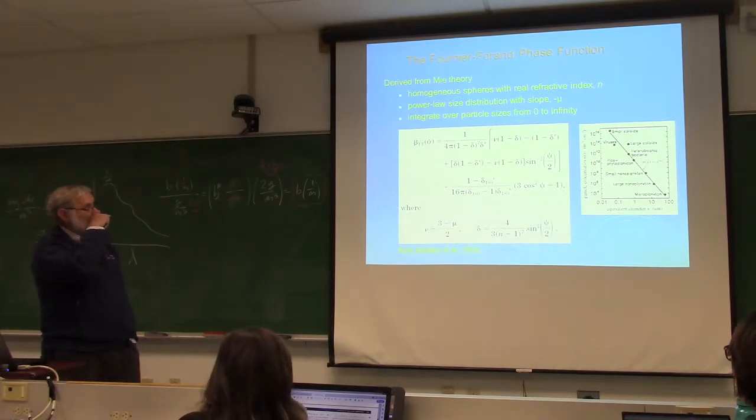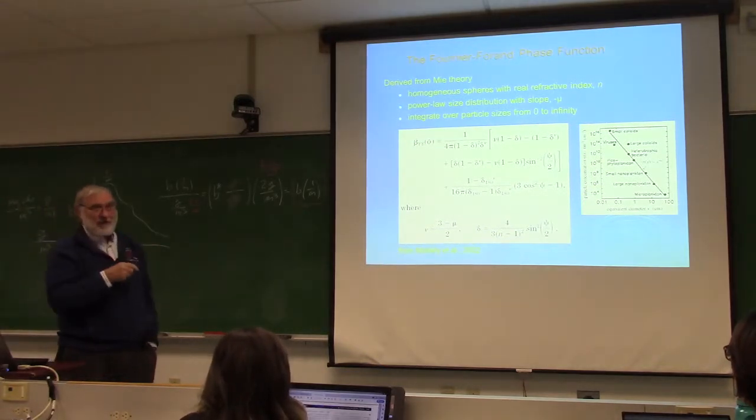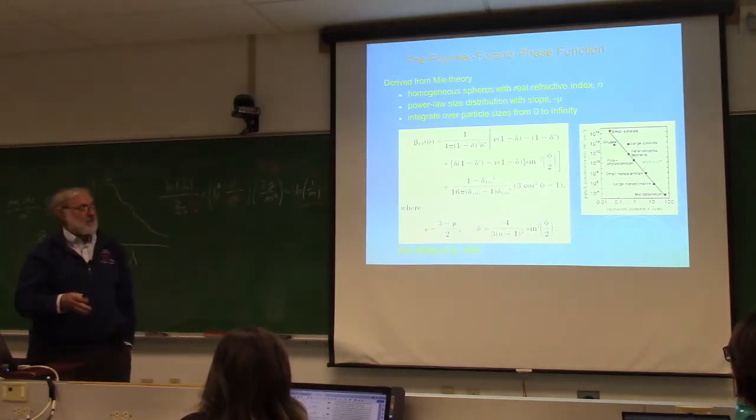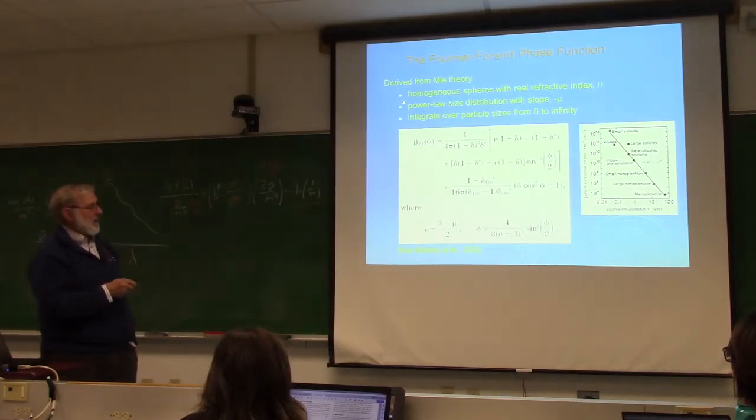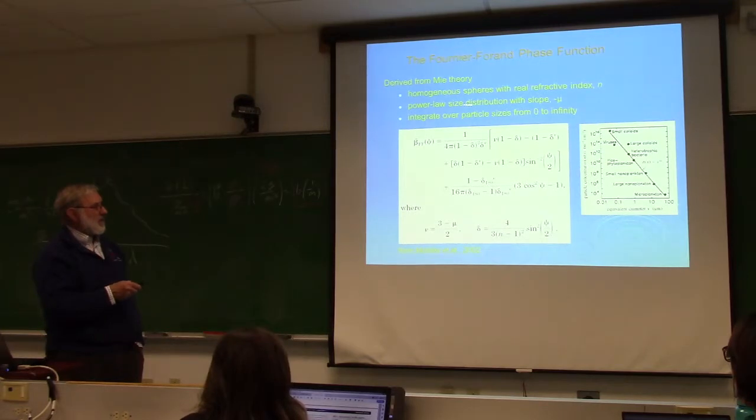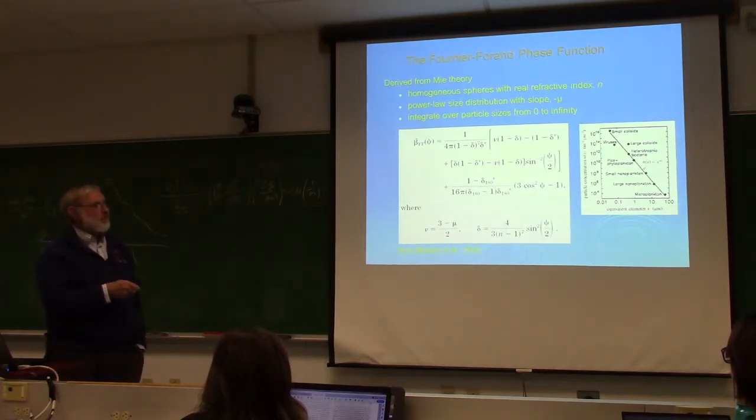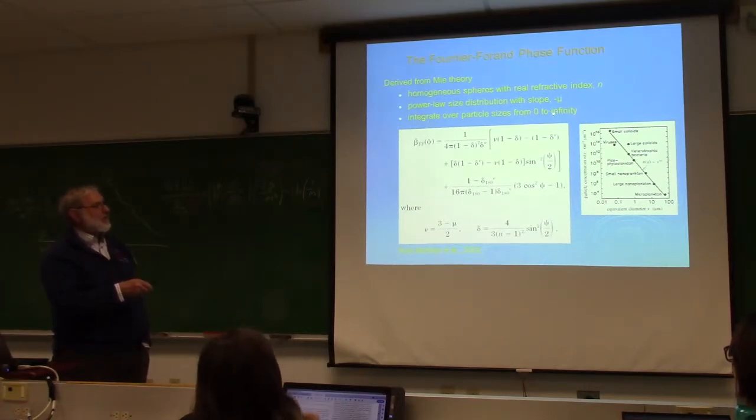Well, anyway, he sat down and he took me through the theory, which is enormously mathematical. He said homogeneous spheres, real index of refraction N. He picked a power law size distribution with the mu for the little exponent. And then, some way with a pencil and paper, he integrated the Mie solution over all particle sizes from 0 to infinity.